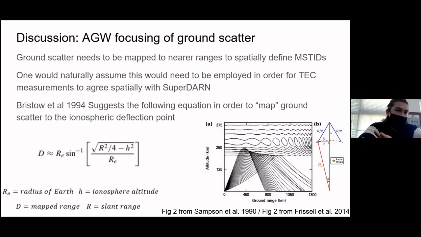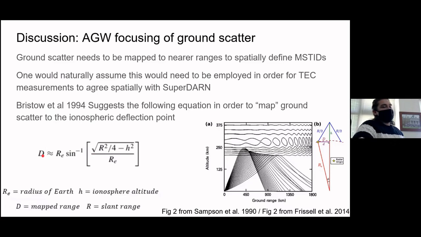If this is the dominant region for focusing and defocusing, the SuperDARN measurement is going to come from way out here, whereas what's being observed is up here, and that's what the TEC observes as well. And here's the equation for it. Basically, you have the height of the ionospheric layer, the slant range, the radius of the Earth, and then you want D, which is called the map range. So you want to map into a shorter range.